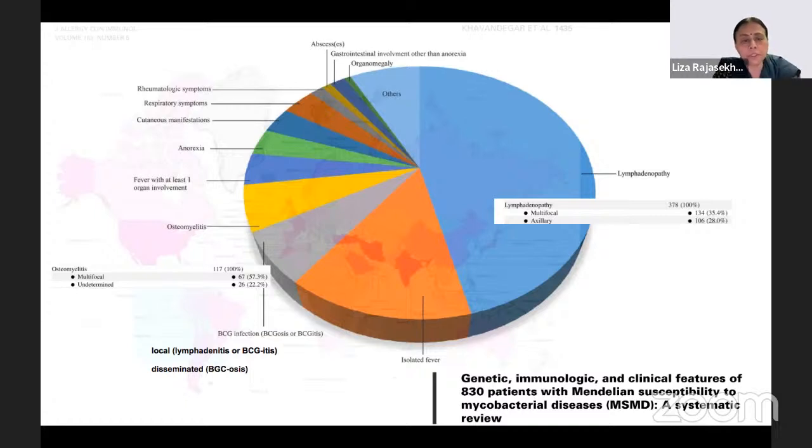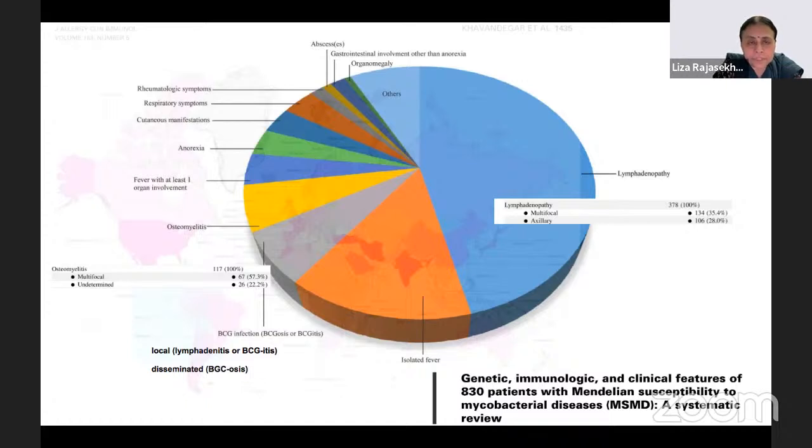Another very common presentation is osteomyelitis. Most often, the osteomyelitis is multifocal. So when you see a child who is having multifocal osteomyelitis, then whether or not you have the organism identified, you should be thinking of MSMD and you should be trying to prove the organism, which anyway is good clinical practice.